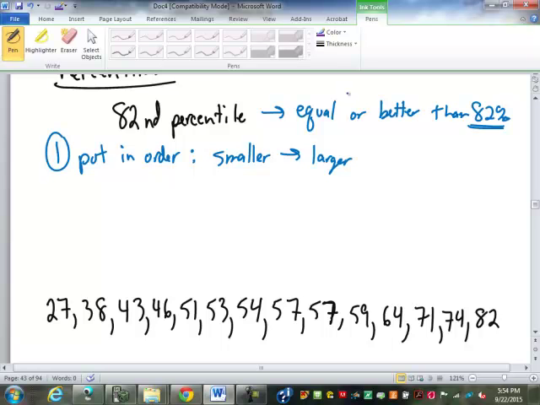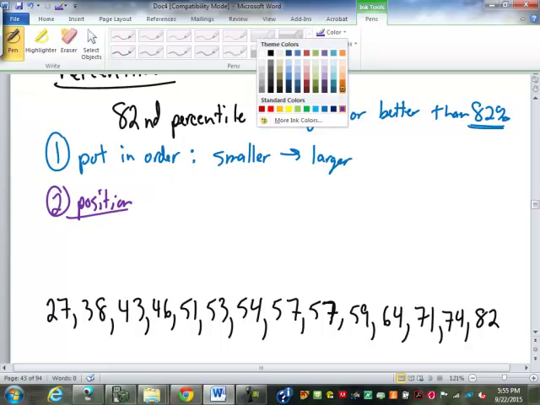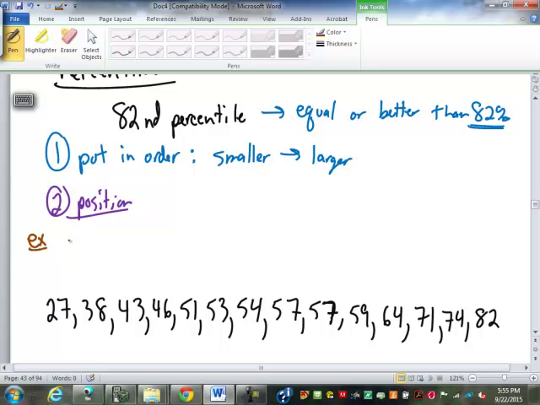The next thing we're looking at is finding a position for a particular percentile. And the position works exactly like it does with the median. So for example, find from this data set the number that represents the 30th percentile.